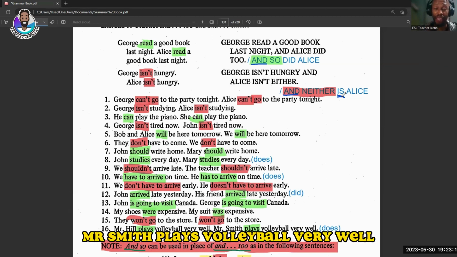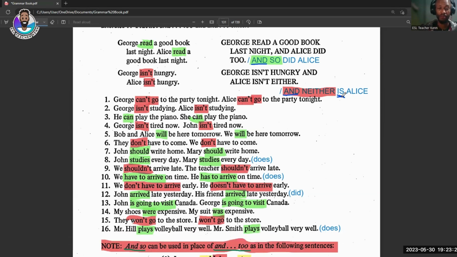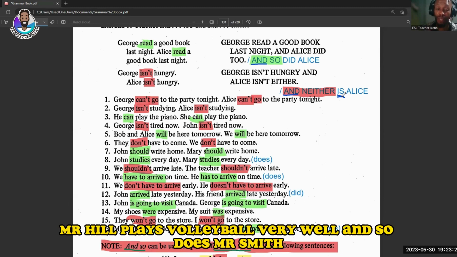Mr. Smith plays volleyball very well. Mr. Hill plays volleyball very well, and so does Mr. Smith.